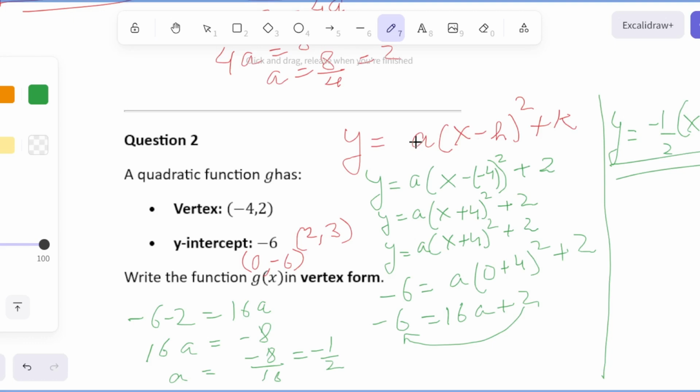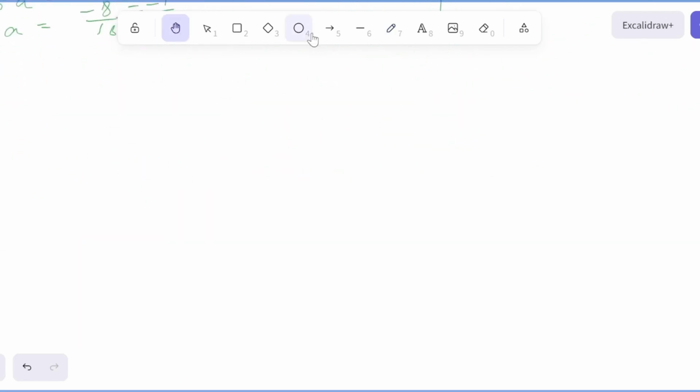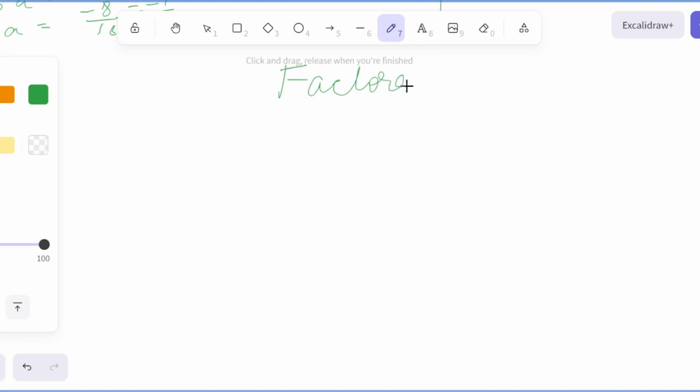Now let's do one. There's another form of a parabola, which is the factored form, which is also very important. Factored form is basically the intercept form.